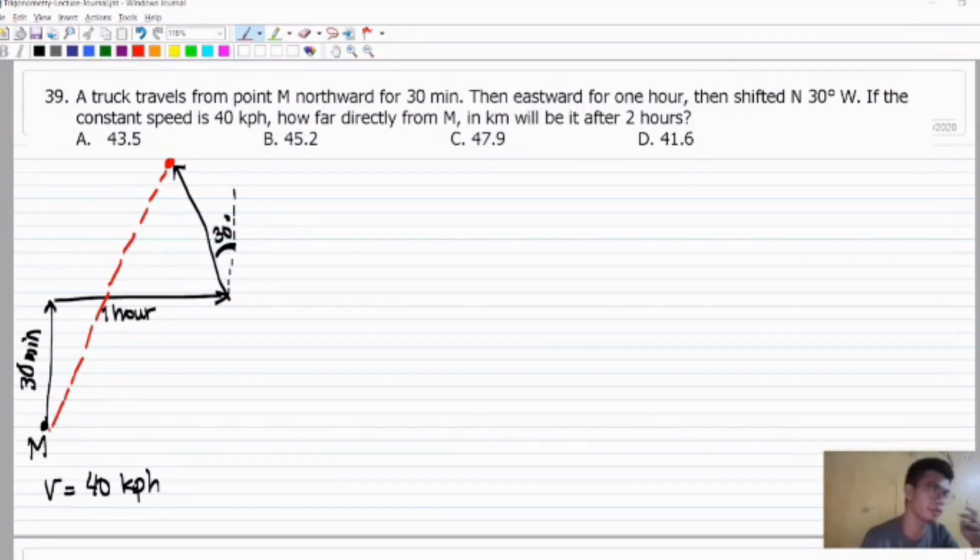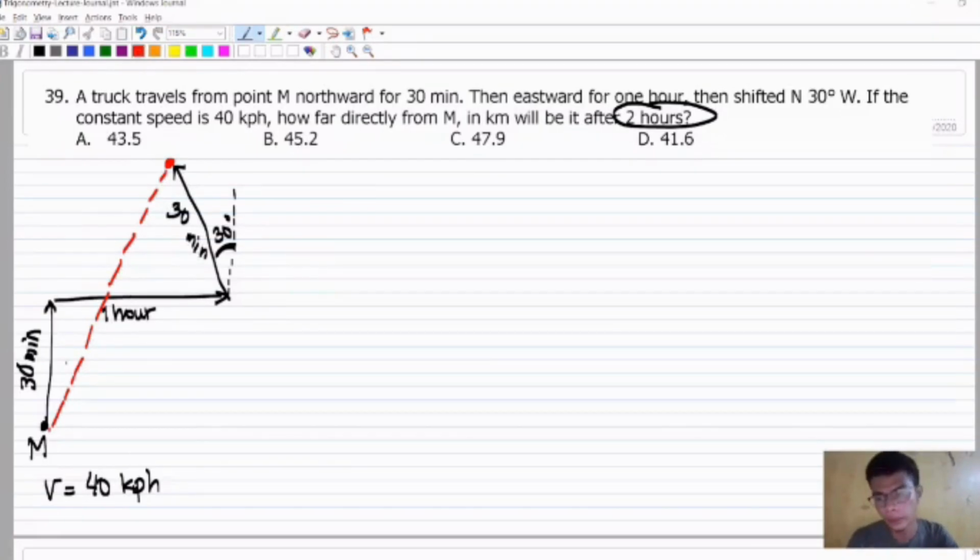So, syempre, kapag resultant ang sinosolve natin, vector quantities yan, kinoconsider natin dyan magnitude and directions, yung angles. Pero wala pa dyan yung mga magnitude, di ba? Yung time pa lang ang binigay. Pero dahil 2 hours yung total time of travel, since meron 30 minutes dito and then 1 hour dito, may natitira pang 30 minutes dito para sa last vector natin.